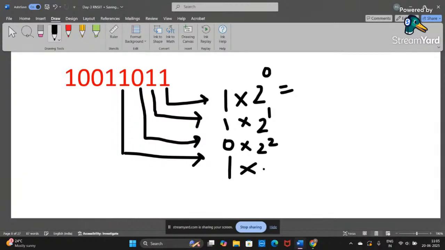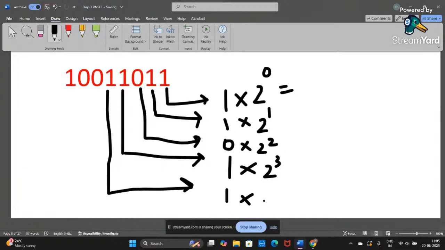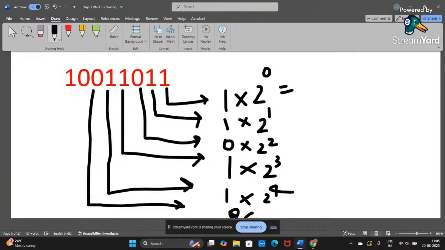Then 1 into 2 power 3. Again, 1 into 2 power 4. It is 0 into 2 power 5.